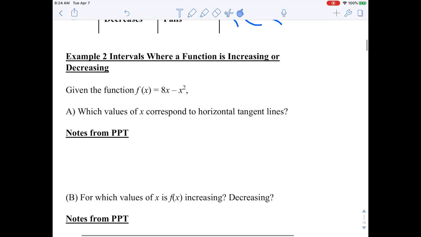So they're just some examples. So let's find the intervals where a function is increasing or decreasing. The first thing we do is find which values of x correspond to our horizontal tangent lines. We do that by finding the first derivative and setting that equal to 0.